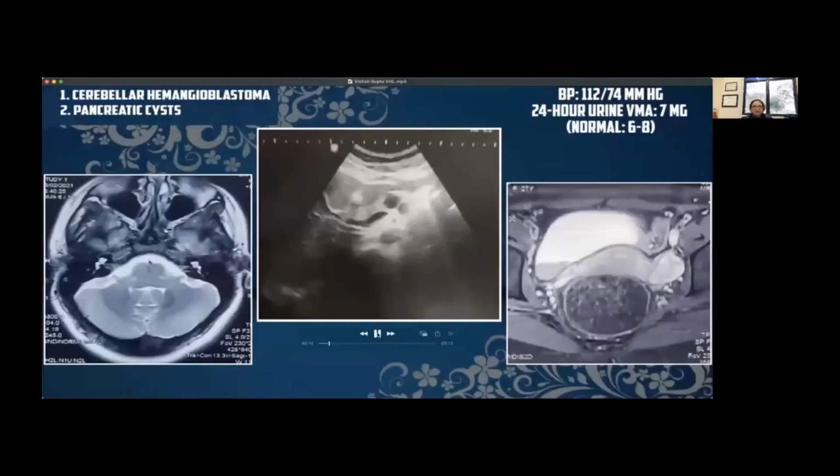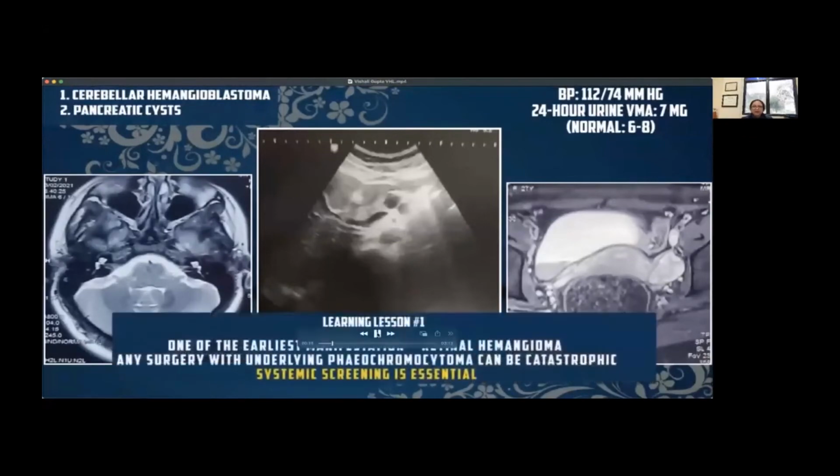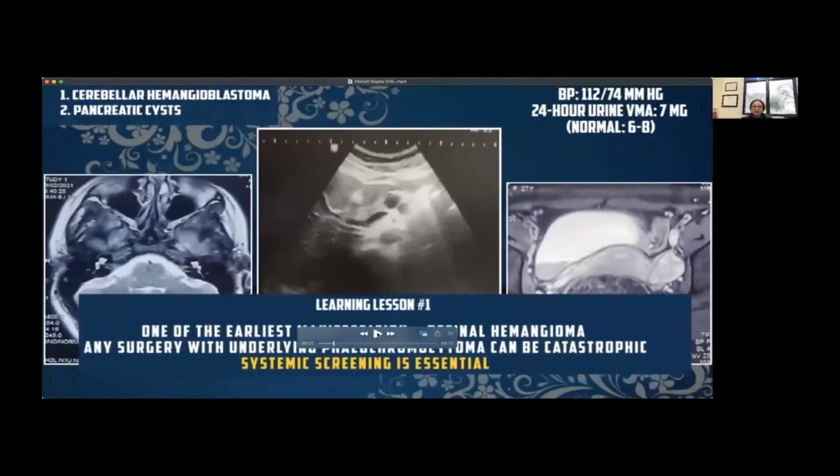Before we go on to surgery, it's important to examine these patients carefully for their systemic association, because they may have elevated vanillylmandelic acid and pheochromocytoma. If we proceed towards GA without looking at it first, it could cost the patient even his or her life. For example, this patient had cerebellar hemangioblastomas, a pancreatic cyst, elevated vanillylmandelic acid, and fluctuating BP.